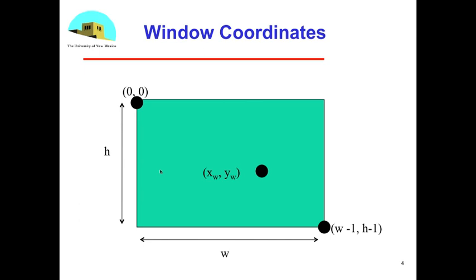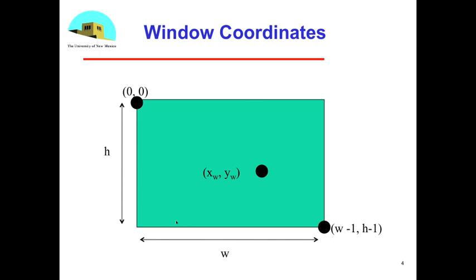Remember, the clip coordinates went from -1 to 1 in the x, y, and z directions, but because we're dealing with two-dimensional issues right now, because what comes back from the display is two-dimensional, we can assume that z is going to be 0. We don't have to worry about it for now, but what we have to do is worry about how we convert x_w and y_w.